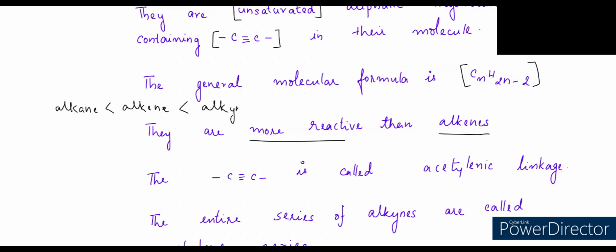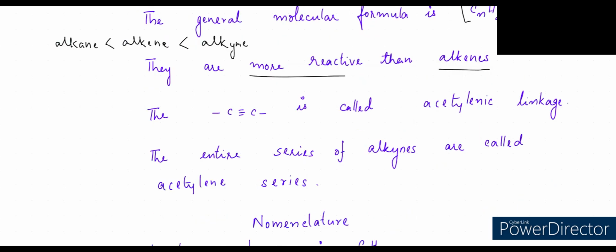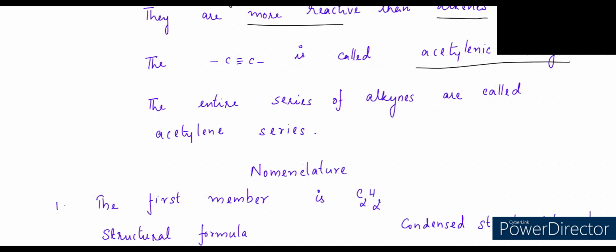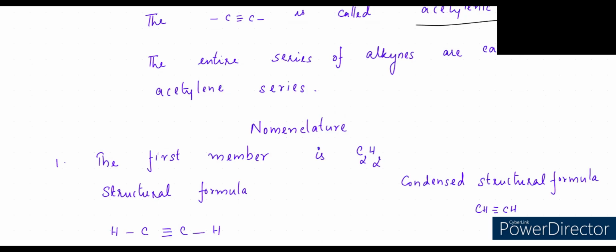The C triple bond C is called acetylenic linkage or acetylenic bond. The homologous series of alkynes are also called acetylene series because the starting member is acetylene and all the other members of the homologous series are referred to as the acetylene series members.